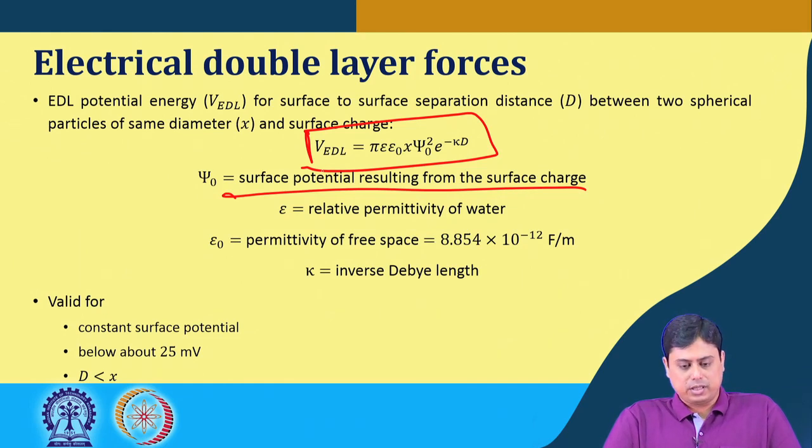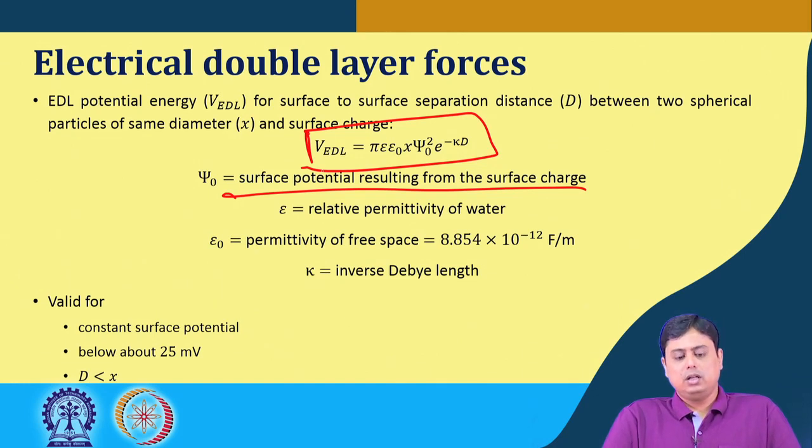Now, this expression is valid for constant surface potential below about 20 millivolt, and the other criterion is that the separation distance is much smaller than the particle size.